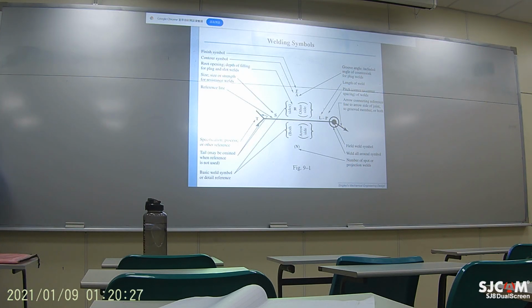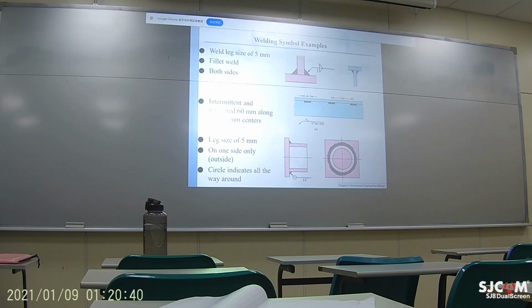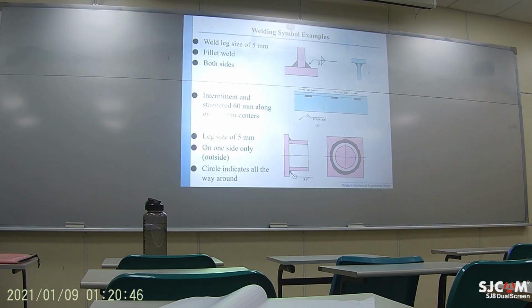You can always Google for this information. So I'm not going to cover this. Not the main point for this chapter. There are symbols like this, basically describing its shape. And an engineering drawing could be something like this, indicating the shape of the welding and some dimensions.